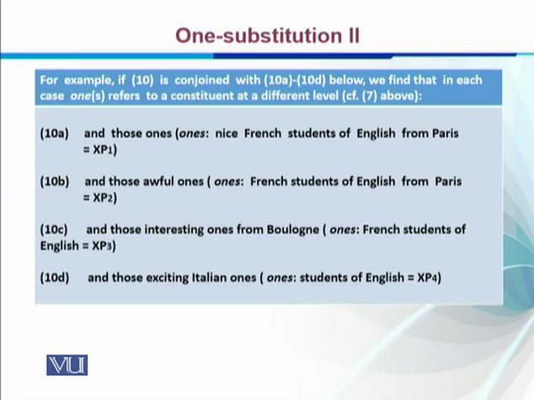In "those awful ones", ones refers to French student of English from Paris, that is phrase 2. And 10c, "those interesting ones", refers to French student of English. And "those exciting Italian ones" stands for, or substitutes, students of English, phrase 4.